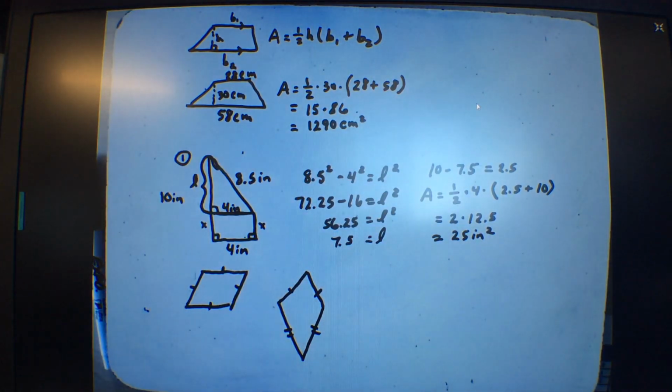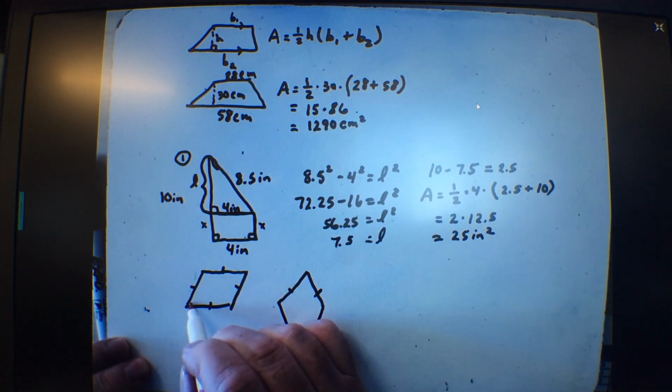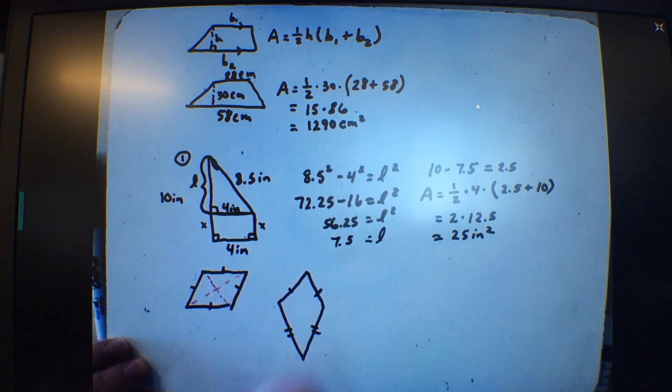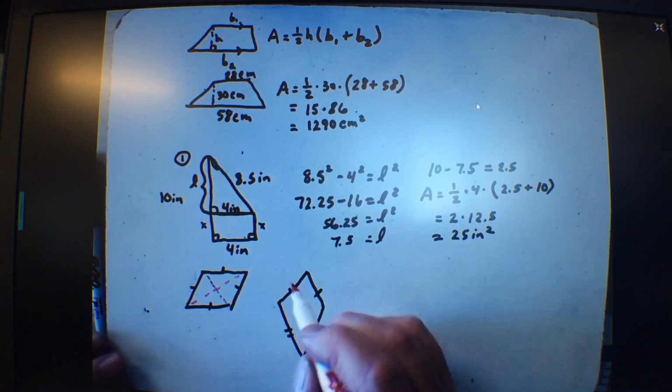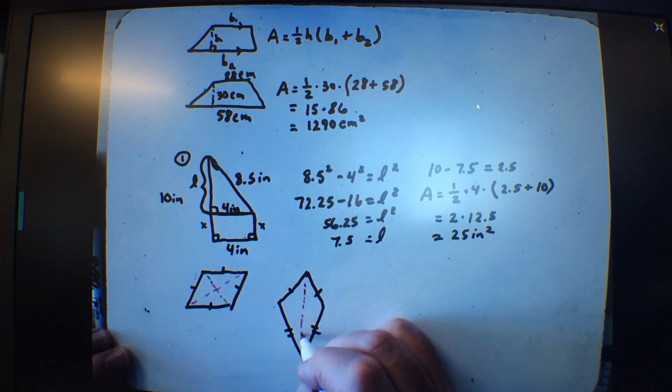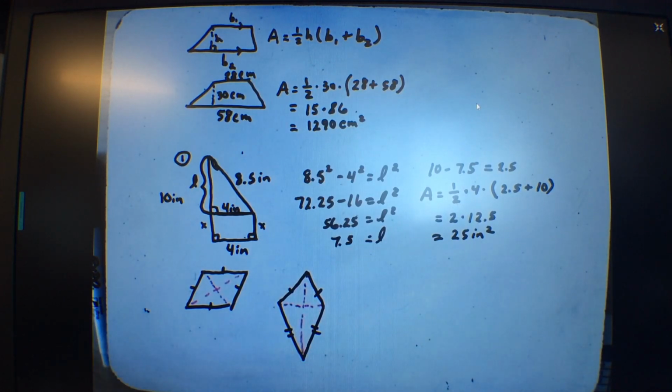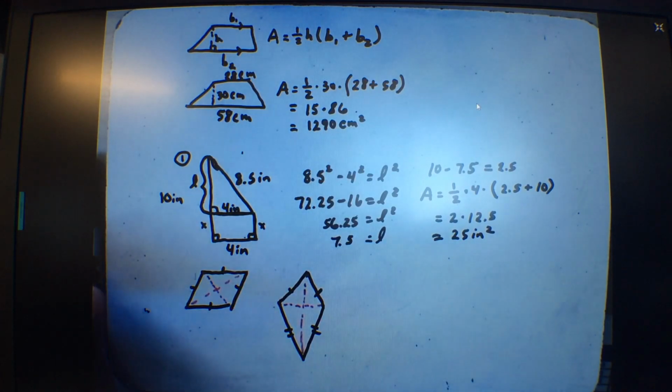Each one of these has diagonals. Here are the two diagonals of the rhombus. Now, are the diagonals congruent? No, they are not. And here are the diagonals of the kite. Are those two congruent? No, they are perpendicular, by the way, but they're not congruent.